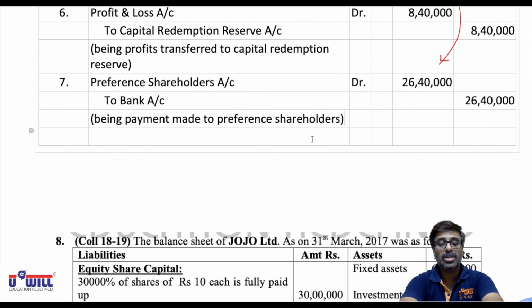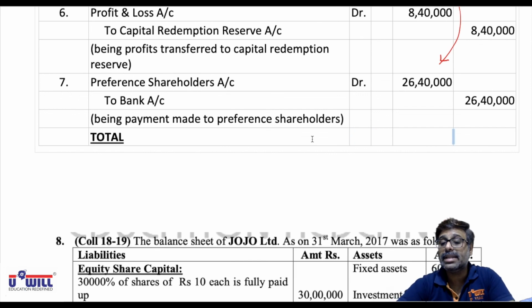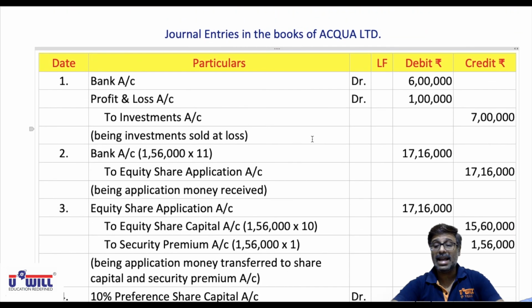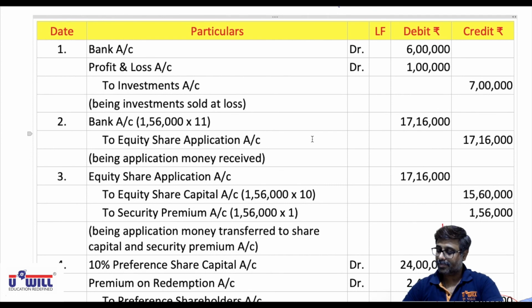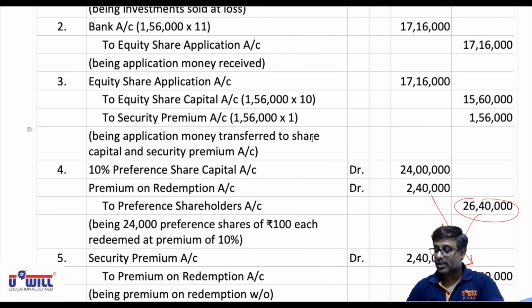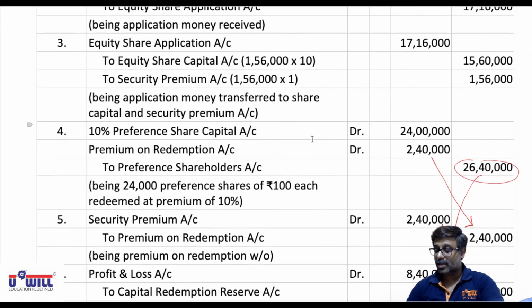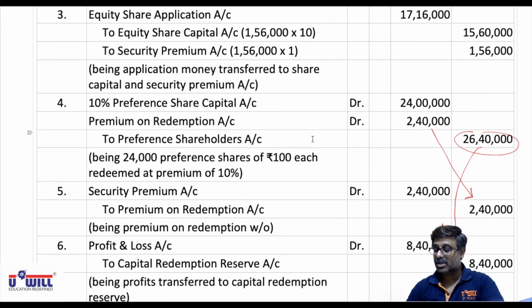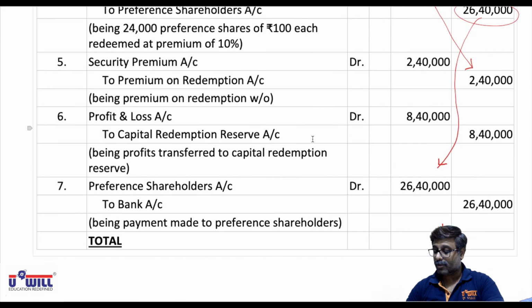Now the final total is to be done. So all of you see, do the totals in calculator. 7 lakhs plus 17,16,000 plus again 17,16,000 plus 26,40,000 plus 2,40,000 plus 8,40,000 plus again 26,40,000.